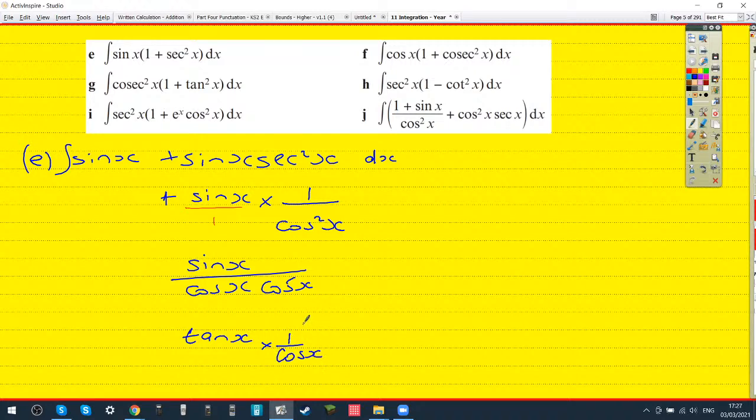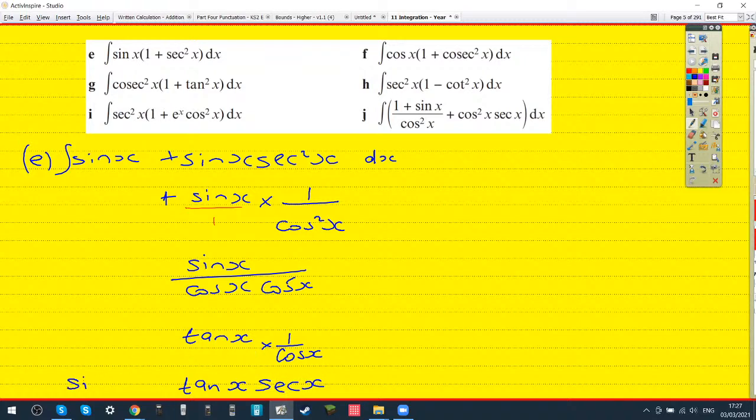What is 1 over cos x? Same as cosec x. So that is... What's the third letter of cos? S. Yep. So it's not cosec, it's sec.